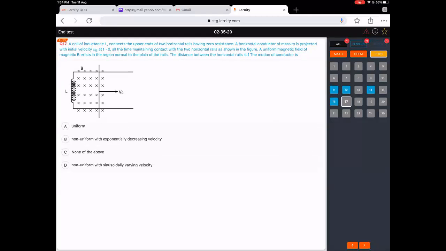The motion of the conductor is uniform, non-uniform.